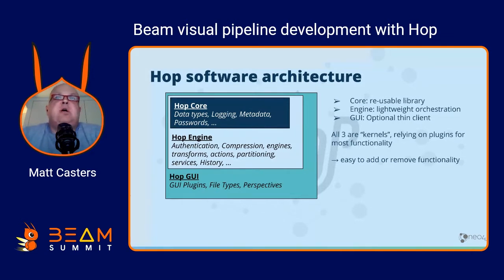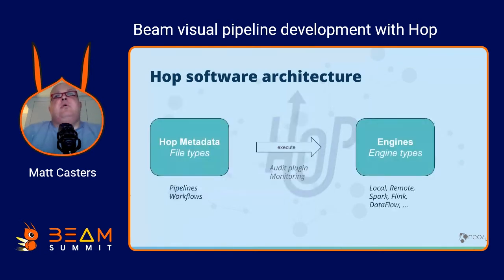That being said, these are kernels, we split off anything that is not a reusable part, let's put it like that, right? So these are all kernels relying on plugins for most, if not all, functionality, which makes it easy to add or remove functionality. And we can now make very small releases suitable for lambdas or very small microservices, or big releases with everything in the kitchen sink in it.